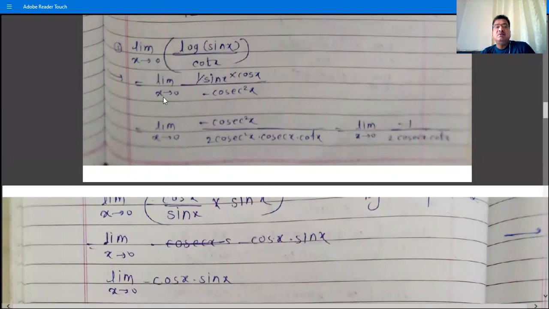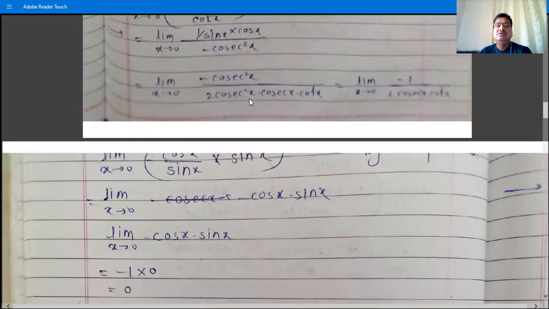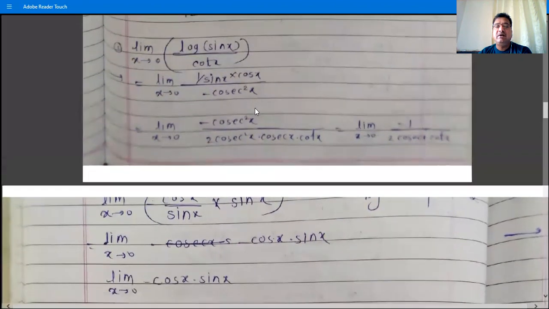By L'Hospital rule, we can apply the rule if the problem is in the form 0 by 0 or infinity by infinity. So this problem is in the form infinity by infinity. So log sin x derivative is 1 by sin x into cos x, and cot x derivative is minus cosec square x. So we have cos x divided by sin x, which means cot x, and its derivative is minus cosec square x.